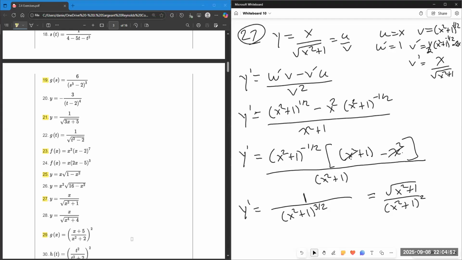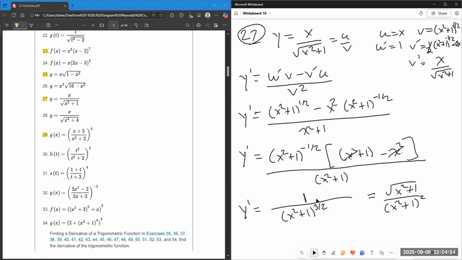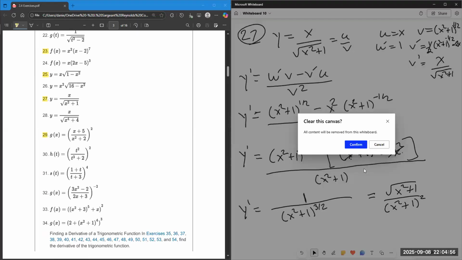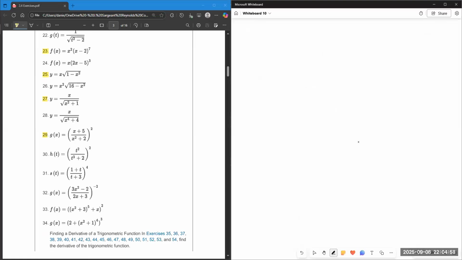All right, let's go ahead and look at number 29. g of x is equal to x plus 5 over x squared plus 2, quantity squared.